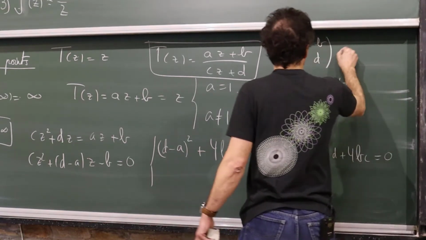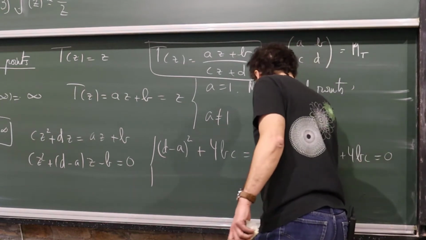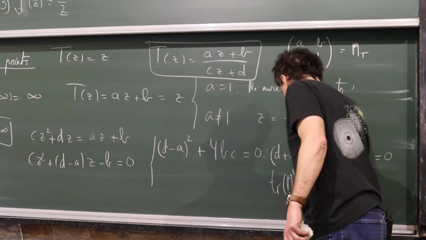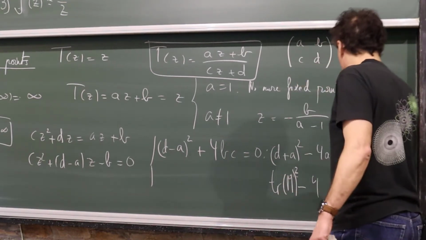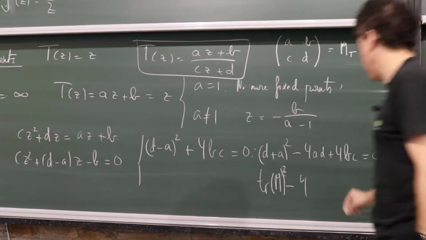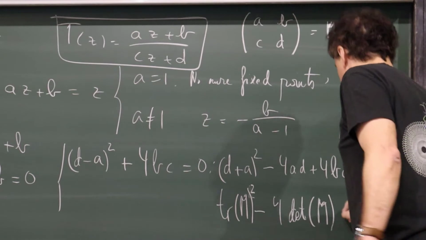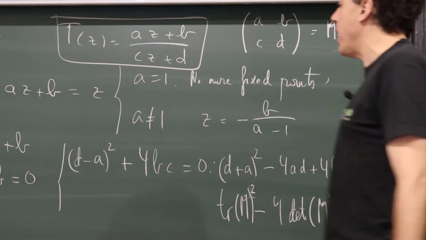Let's call this matrix M of T. So this is the trace of M square minus 4 times (AD minus BC), the determinant. So this condition means that only one fixed point appears.